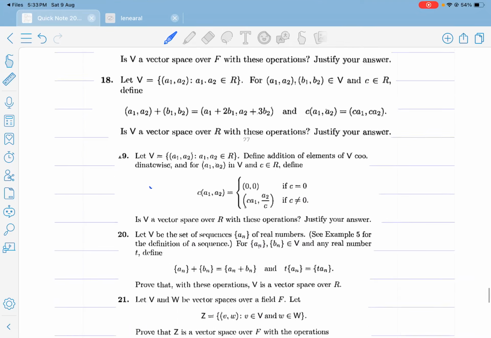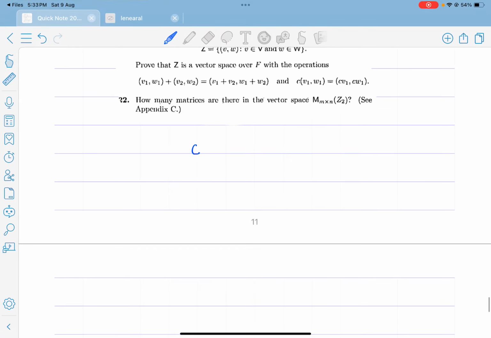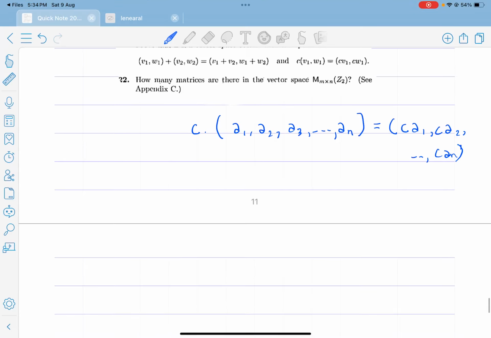Why? Because coordinate-wise multiplication means this: c times (a1, a2, ..., an) is (c a1, c a2, ..., c an).